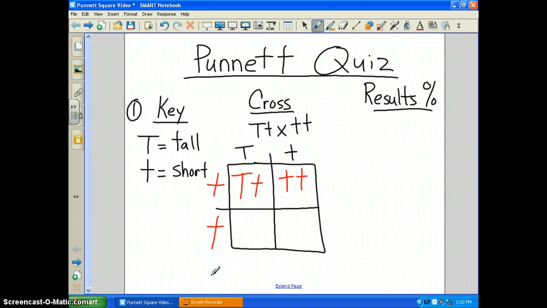We cross the tall T with the short t, we wind up with a hybrid. And if we cross the short t with the other short t, we wind up with a pure short. Okay, make sure your Punnett square is exactly laid out like that.